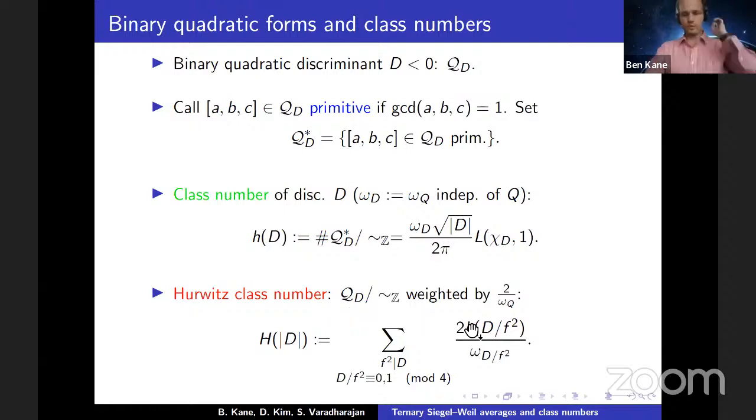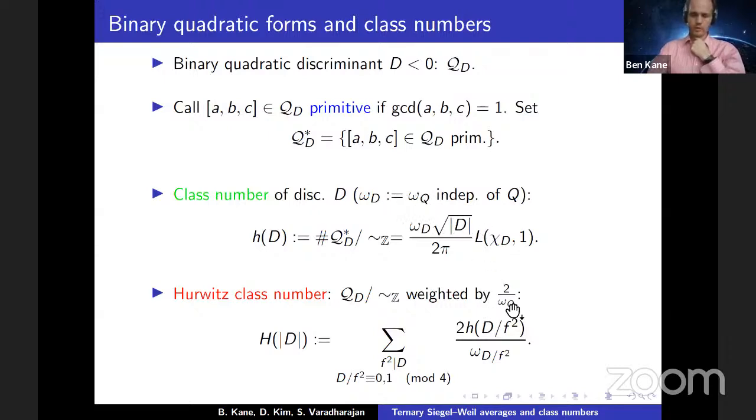The Hurwitz class number is a slight modification of the class number where we weight it by 2 over omega q. So basically, for most binary quadratic forms, omega q is actually 1.